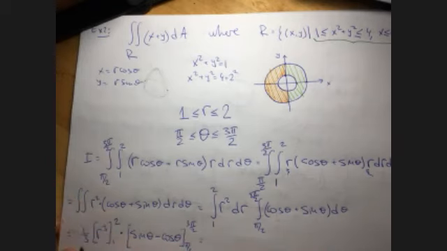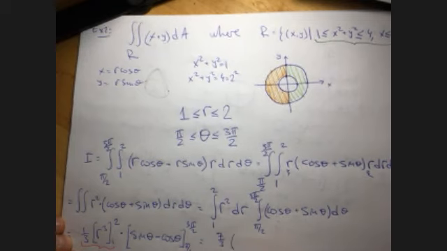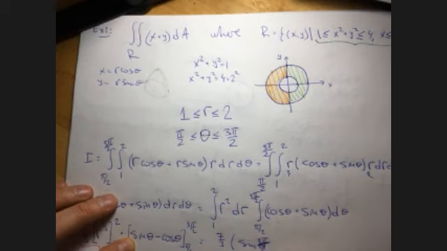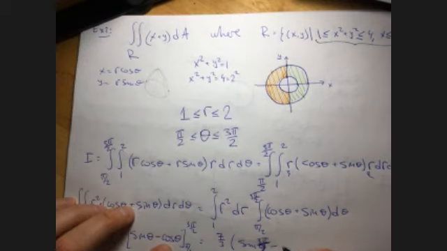Okay, so we said that this one is 7/3 times sine of 3 pi over 2, sorry, minus cosine of 3 pi over 2, 0, minus sine of pi over 2, which is 1, plus 0.